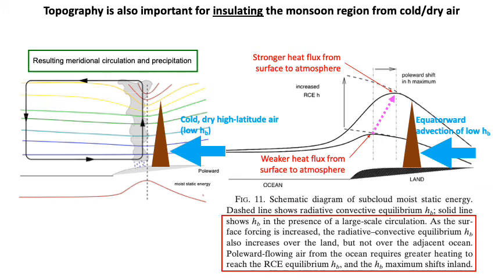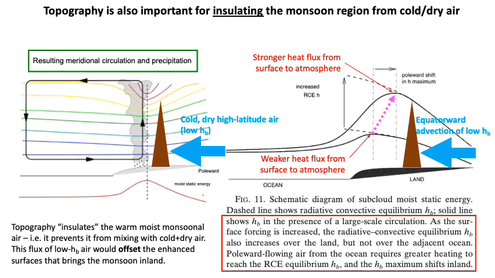And so if you have a mountain or some physical barrier, that can actually block that from happening. And so it keeps separated the warm, moist, and the cold, dry air, hence insulated. So topography insulates the warm, moist monsoonal air, as it prevents it from mixing with the cold and dry air. If this flux of low boundary layer moist static energy air were to be able to go through, it would act to directly offset the enhanced surface fluxes that bring the monsoon inland.